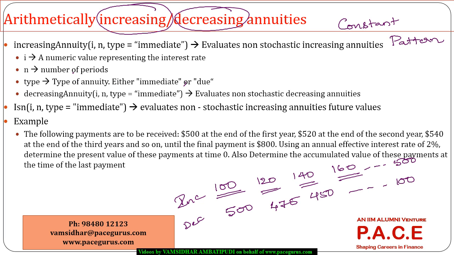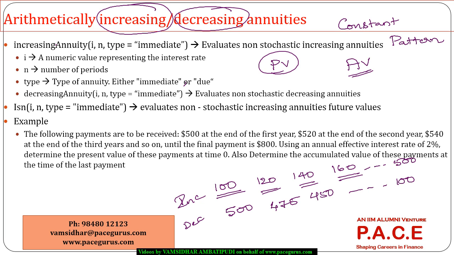For handling these kinds of scenarios, I want to find the present value associated with these annuities, or in some cases the accumulated values. Those are the ones we are dealing with, increasing annuity or decreasing annuity.